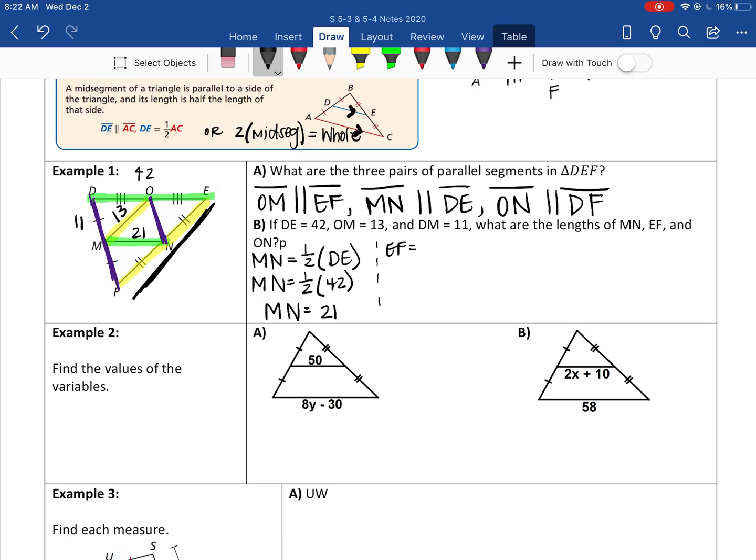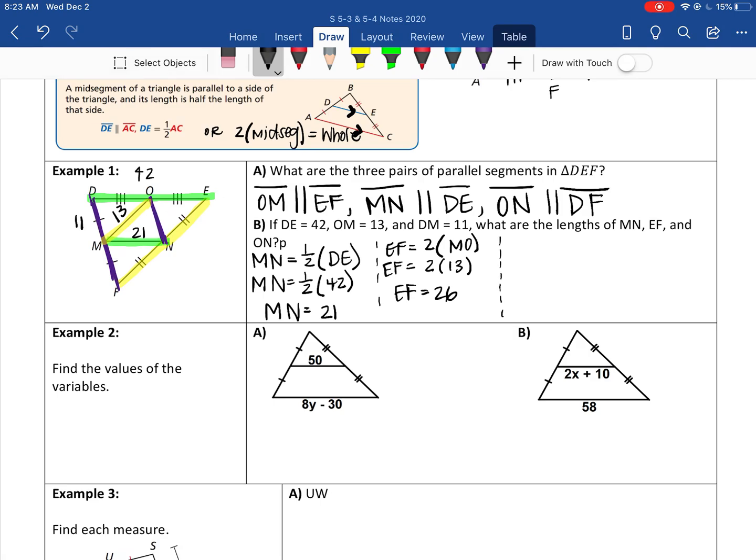If this segment is parallel to this segment, then EF is double the length. So EF is 2 times 13, which gives me that EF is 26. Again, your midsegment is half the length of its parallel side, or the parallel side is double the length of your midsegment. That's going to be your relationship here.